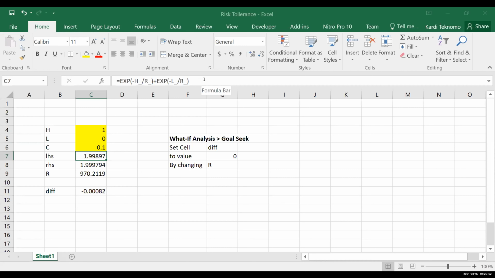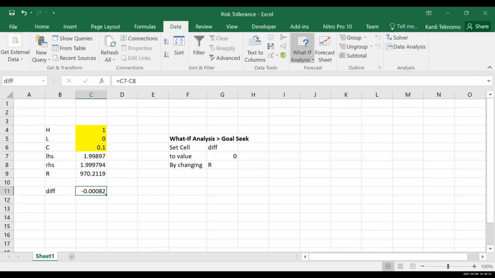Exponent of minus H over R, and in the right-hand side, you will have 2 multiplied by exponent of minus C over R. Then you calculate the difference between the left-hand side and the right-hand side. Then you can use What-If Analysis and you do Goal Seek.